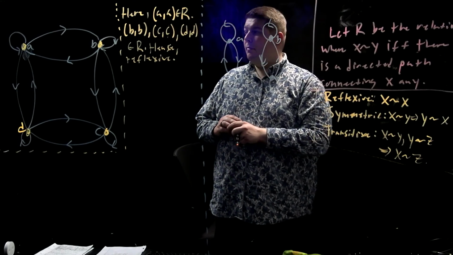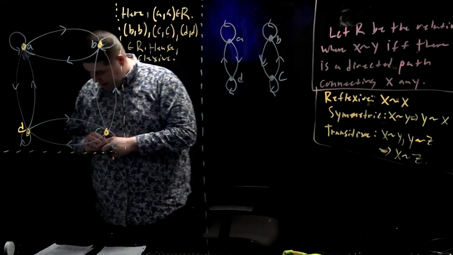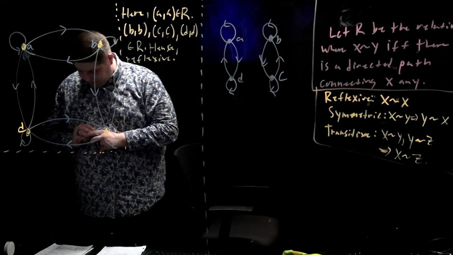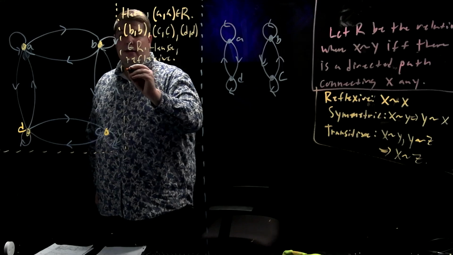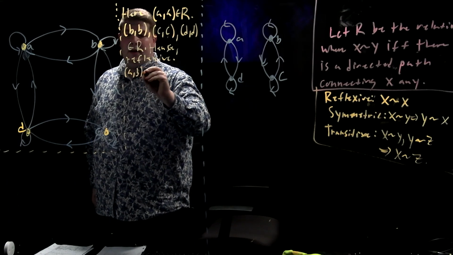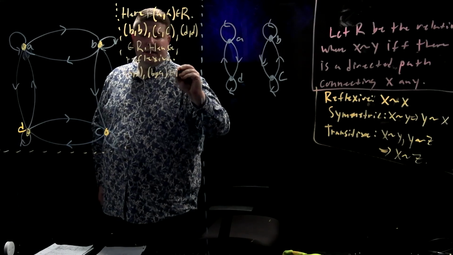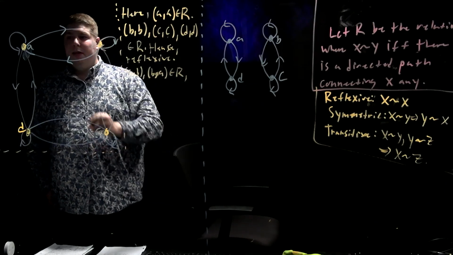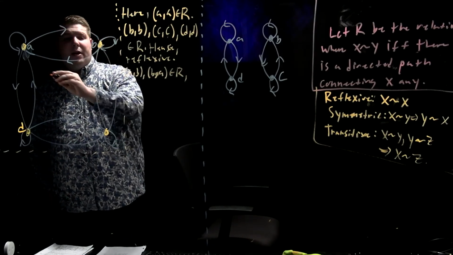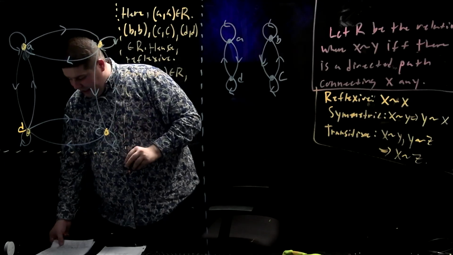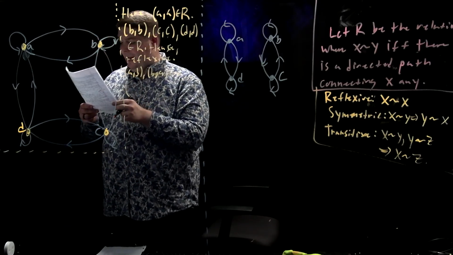Now, we see that AB and BA is in R, right? Because A goes to B and B goes to A. We also see, what else do we see? We see a lot.